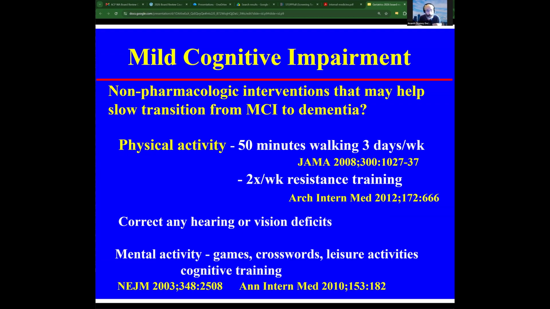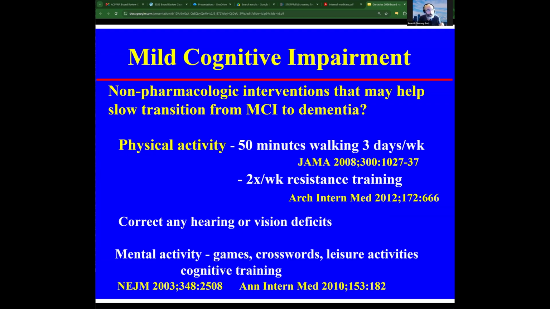The way I explain this to patients, when you are walking or doing some physical activity and exercise, not only are you getting more blood flow, but you're also literally working out the brain. The brain has to do a lot of complex tasks to control those muscles. As Dr. Krauss was covering earlier, the entirety of our nervous system is involved in locomotion. So physical activity, particularly robust physical activity, has the best data for changing the trajectory and risk of progression to dementia.